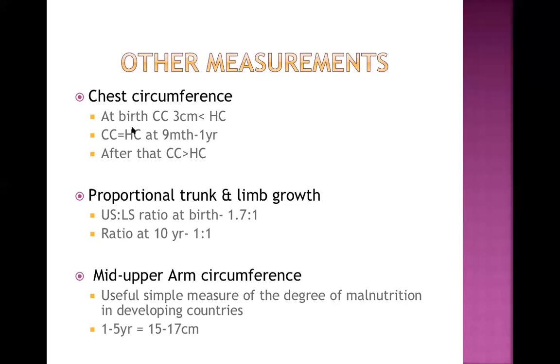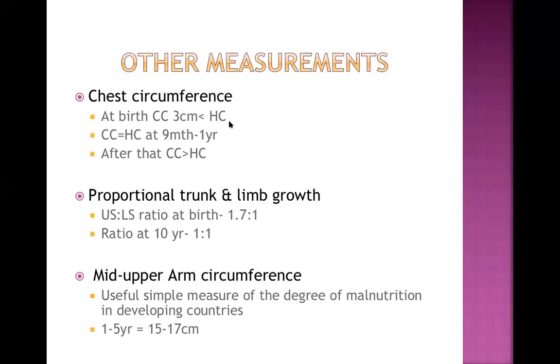So, chest circumference at the time of birth is lesser than head circumference by 3 centimeter. Means head is bigger at the time of birth. The diameter of the head is the biggest one in the body. That's why we say at the time of delivery, if head comes out, rest of the body will easily come out. So this is an important point to remember.